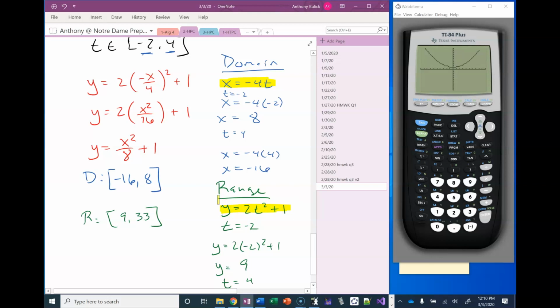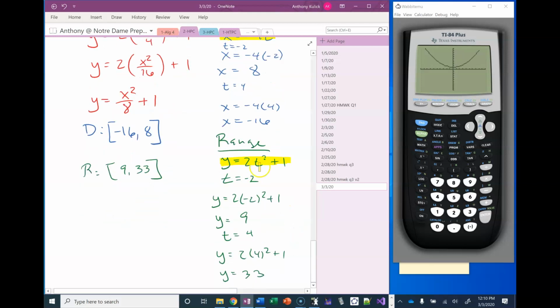What kind of an equation is the range? Quadratic, right? That means the high and low points aren't necessarily going to be the ends of the interval, right? The low point occurs at the vertex of the parabola. Everybody okay with that idea?